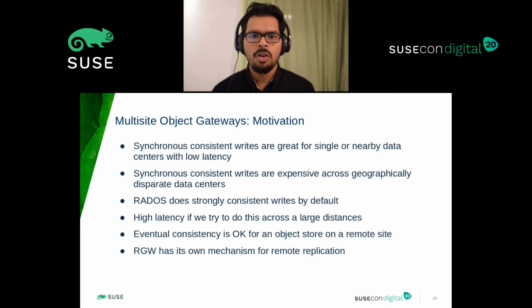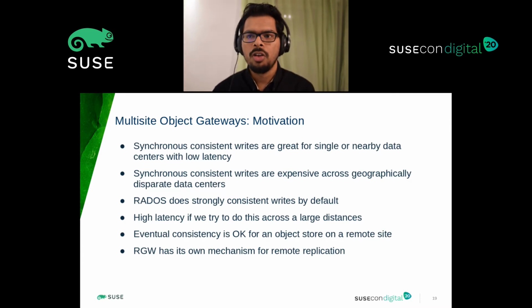RADOS does strong CP consistency, so it only does strongly consistent writes, and that high latency would be bad enough for most applications. In the context of object storage itself, eventual consistency will be okay for most applications. So RGW has its own mechanism instead of replicating at the RADOS level, because the transaction semantics we would require for this sort of scenario are better handled at the upper layer.